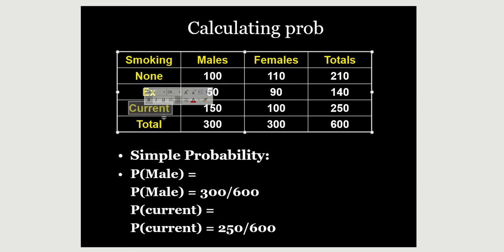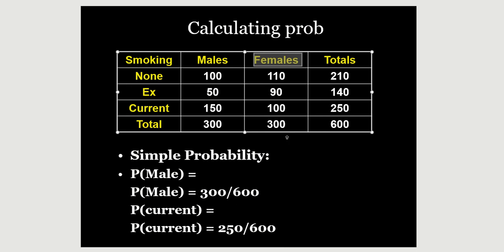You can think about smoking as an ordinal variable. The other variable is gender with two possibilities, males and females, and you can think about it as a dichotomous variable or a binary variable, meaning a nominal variable. And the numbers are presented here.